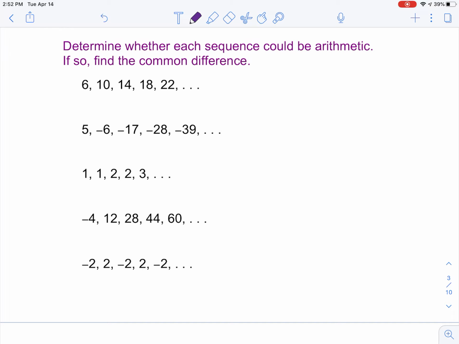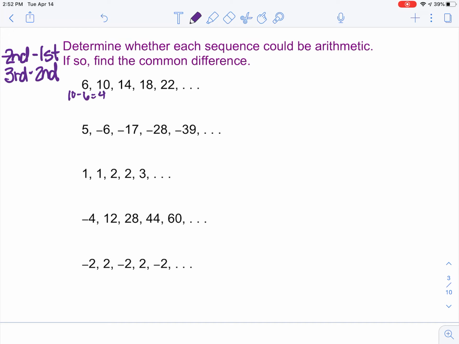So what we're going to do is look at these sequences, see if they're arithmetic, and if they are, find the common difference. One thing I like to do is always take the second minus the first, and then the third minus the second. If those turn out to be the same, then more than likely this is going to be an arithmetic sequence.